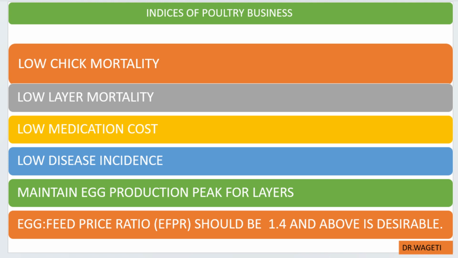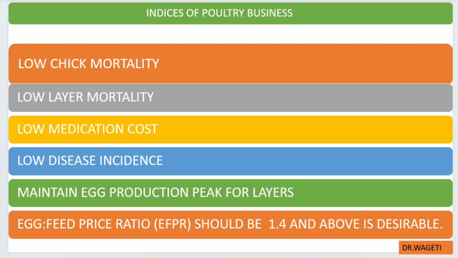And there's what you call the egg feed price ratio. It's very important in layer operation. We call it egg feed price ratio. That means the profit on egg divided by the cost of feed. It becomes how many crates you have, what's the value of the crates they produce, and what's the value of the feed.